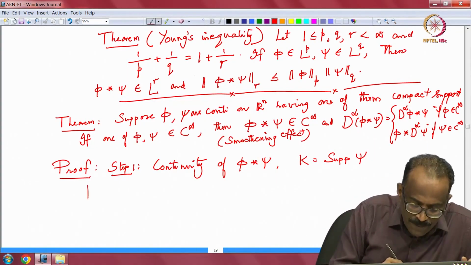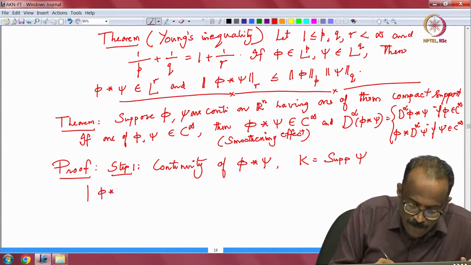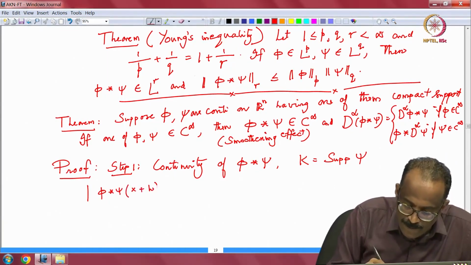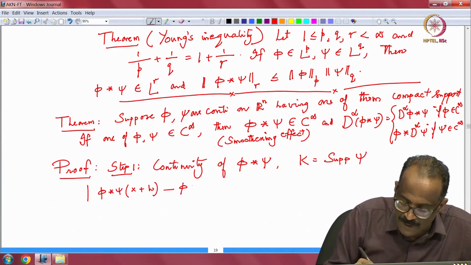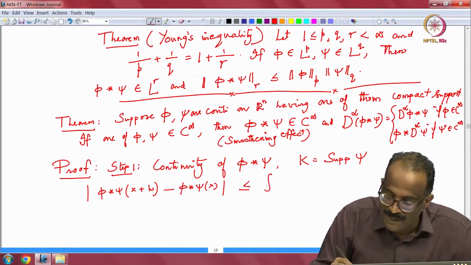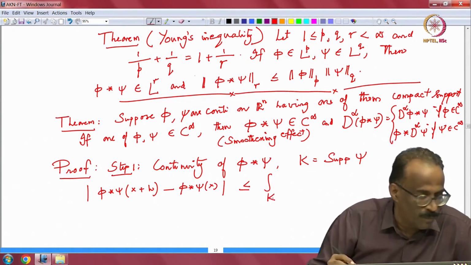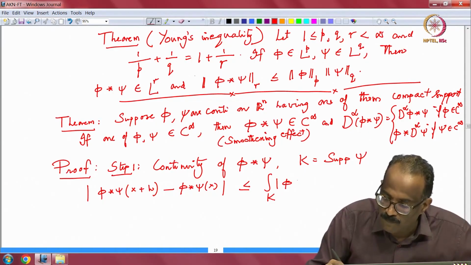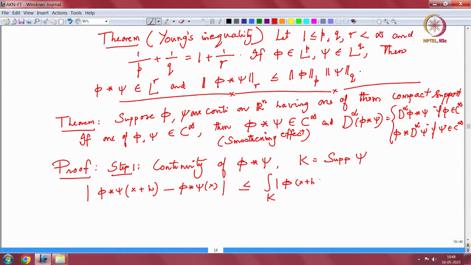So, let us compute this one, phi star psi of x plus h minus phi star psi of x. The existence you already know. This will be less than or equal to, so the integral will be over a compact set, the support K. So, it is enough to integrate over a compact set the modulus of phi of x plus h minus y, because it is phi star psi at x plus h.